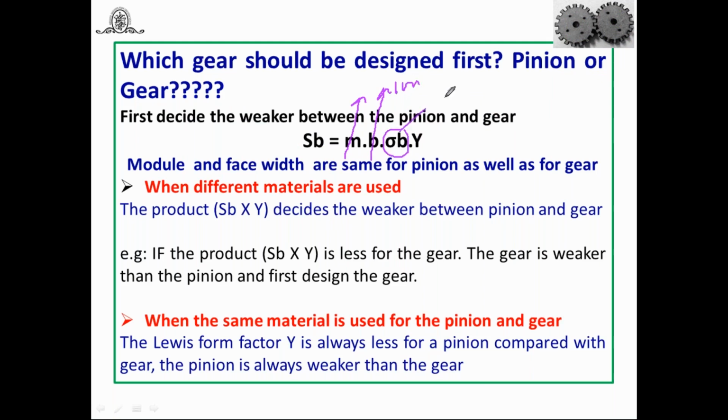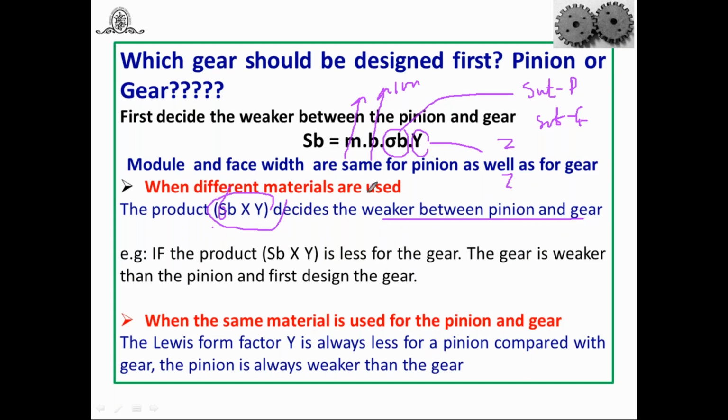But sigma_b in terms of S_ut is different for the pinion material and different for the gear material, and Y is also different because the number of teeth for the pinion and the gear are different. And that's why this product sigma_b into Y decides which one is weaker.